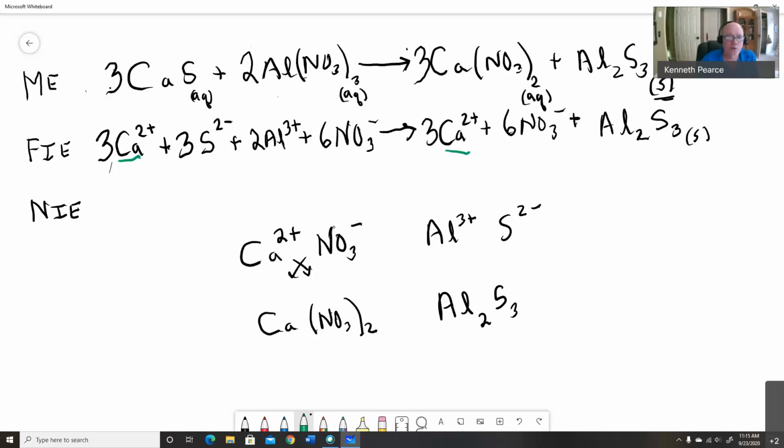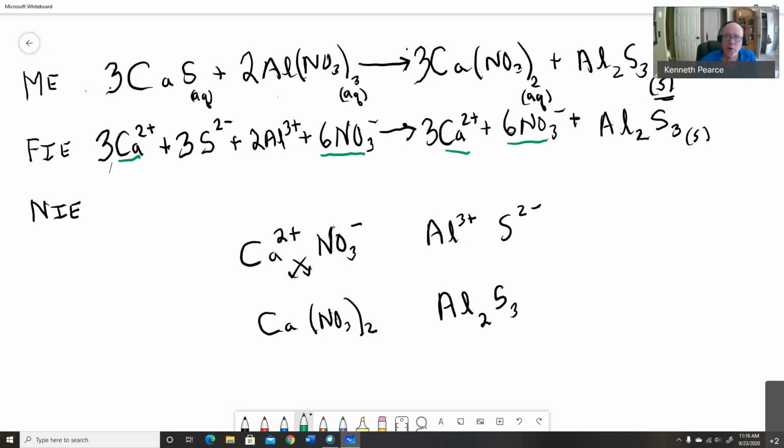And so calcium is a spectator. We see sulfide becomes part of the aluminum sulfide on the right-hand side. So that's not a spectator. That's going to be part of our net ionic. And then we see the aluminum is part of the aluminum sulfide on the right-hand side, so it's not a spectator either. And then finally, we see the 6 nitrates become 6 nitrates on the other side.